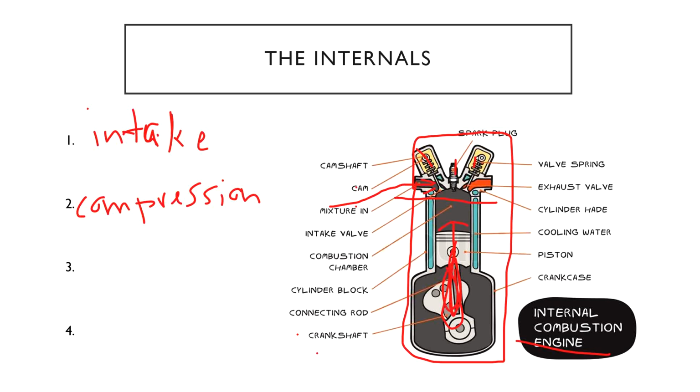In here, so this fuel and air mixture is compressed, and then after a certain point it explodes. And that's why it's called an internal combustion engine, because it combusts within the engine. So after this, we have the next step in the process, which is that of the explosion.